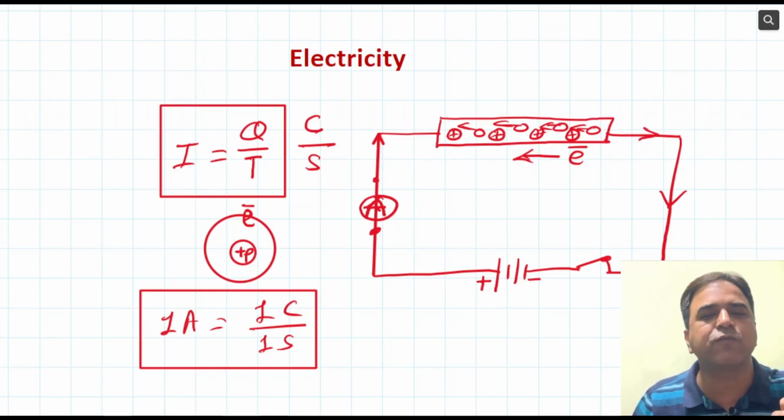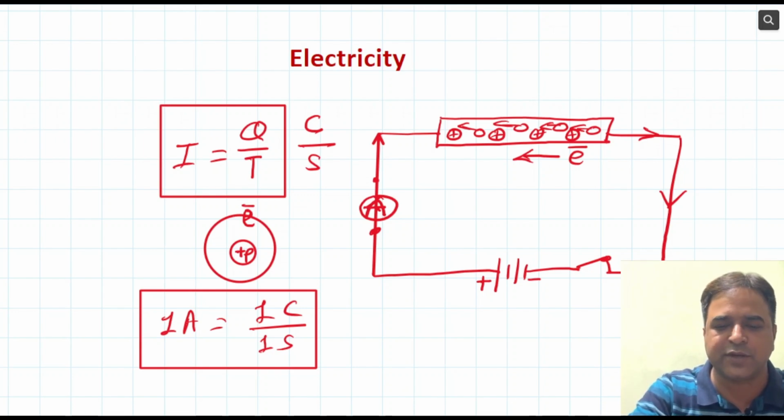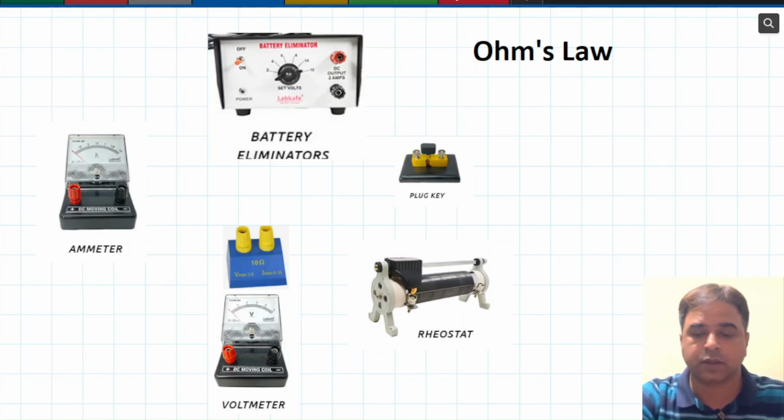So the amount of push or pressure, or you can say the amount of work which is done to carry this charged particle from one point to another point through this conductor is called potential difference, and we denote it by voltage.